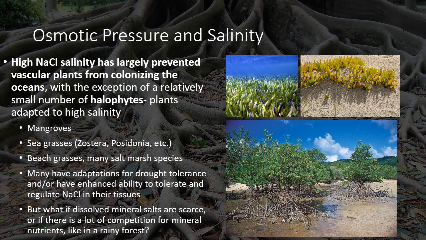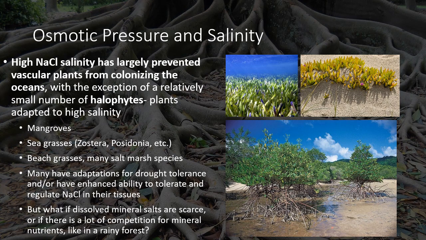Many of the species of ice plant are halophytes, meaning they're plants that are adapted to high salinity, and they grow in the wild on beaches in South Africa. They can tolerate really, really salty sand, and they have these succulent leaves.